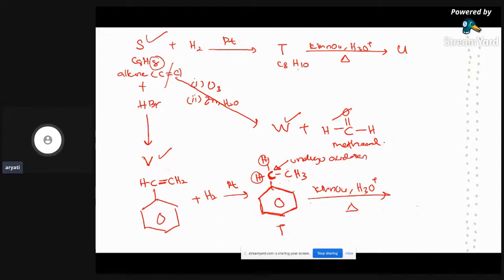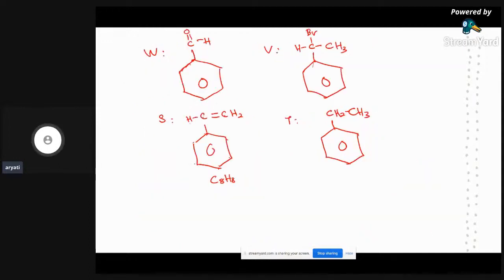So undergo oxidation dia jadi apa? Dia akan jadi benzoic acid, COOH. So this is the structure for U. Saya salin balik. So structure for U will be this structure, COOH ataupun C double bond OOH.